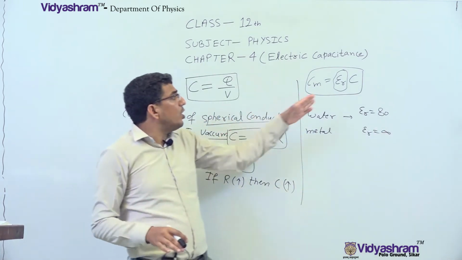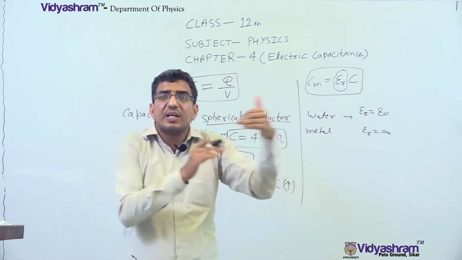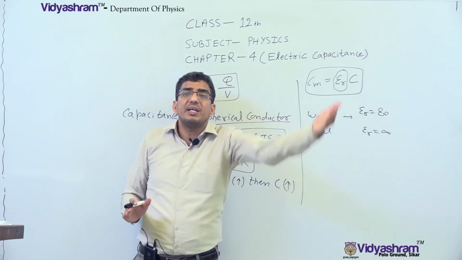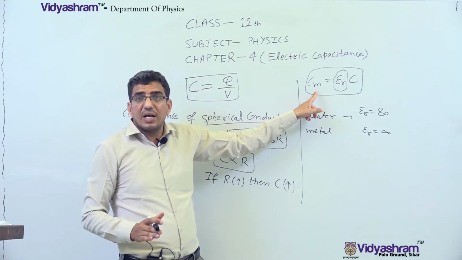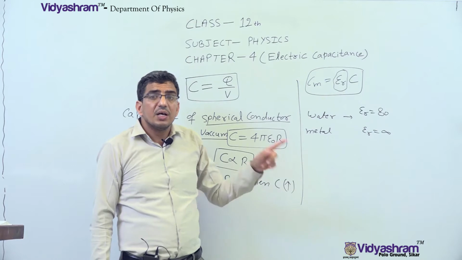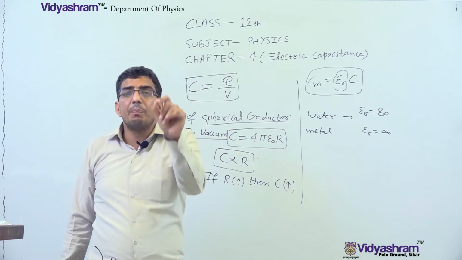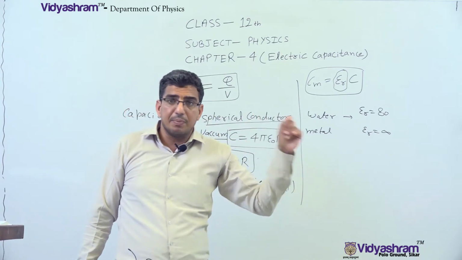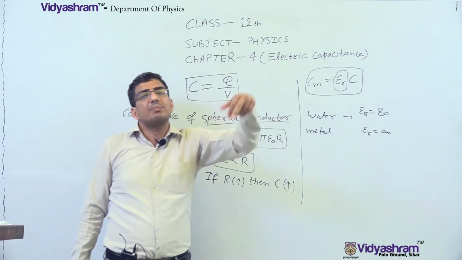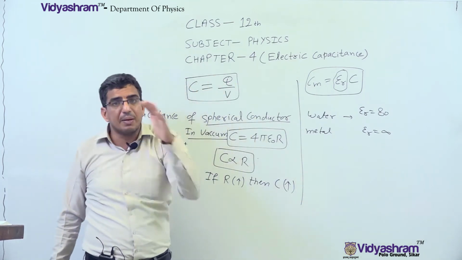So the value of epsilon R is different for different media, so capacitance is also different for different media. In this way, capacitance depends upon the nature of the medium.